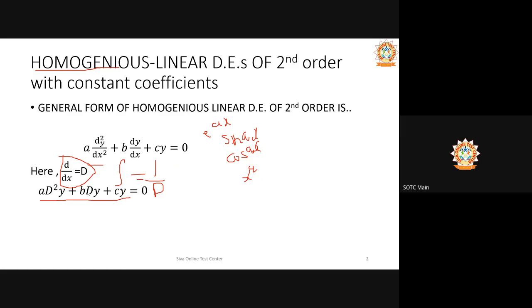The next step is taking y common from all of this: a D square plus bD plus c of y is equal to 0. It is in the form of a quadratic equation, and this is the symbolic form of the differential equation, where a, b, c are constants.